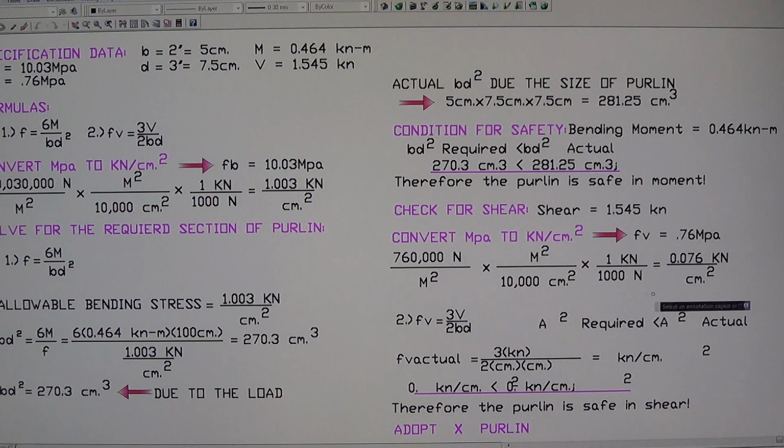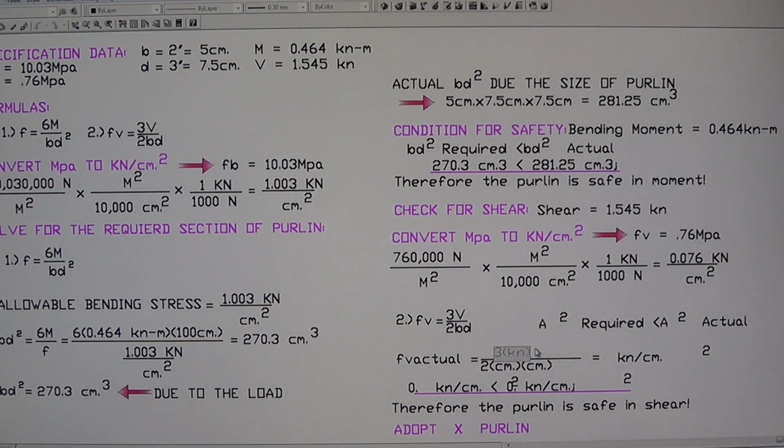Now, to solve for the capacity of the shear, we have to use formula number 2. FB is equal to 3V, the shear, over 2 times BD. So this is the actual shear. We have to solve for the actual shear of the capacity of the purlin.